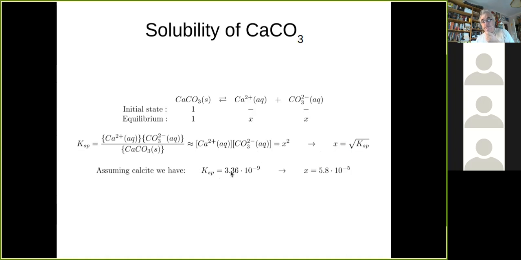There could be varying sources, but accepting this, then you will have x equals 5.8 times 10 to the minus 5, which is the equilibrium activity, or more easily stated, the equilibrium concentration of calcium ions and carbonate ions, assuming that none of them reacts further. This is quite a crude approximation, but it's not bad. Well, it could be worse.